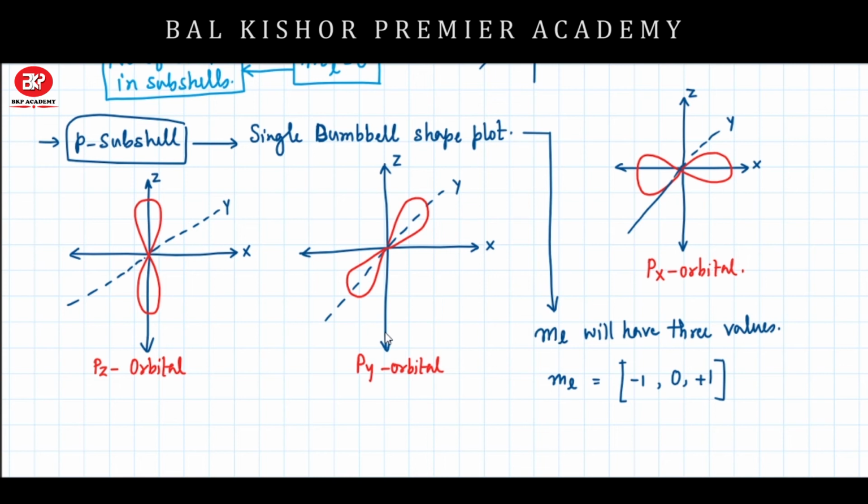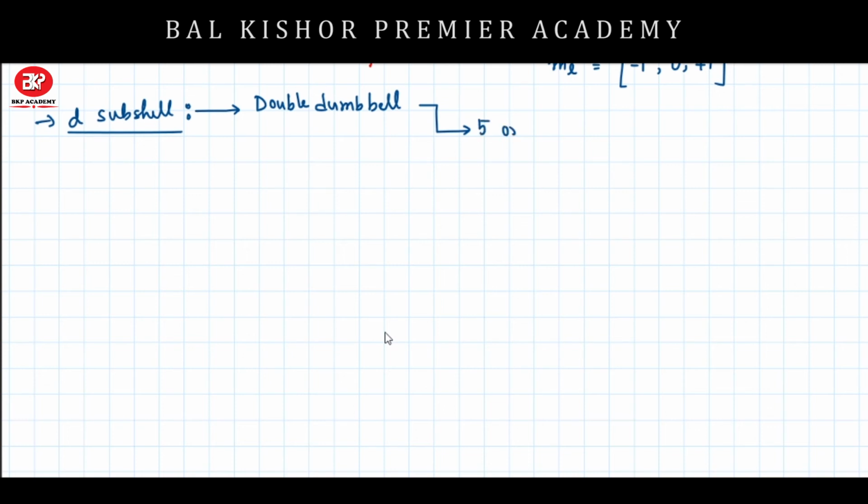Similarly, for the d subshell, the boundary surface plot looks like a double dumbbell plot, and this double dumbbell plot can have five orientations. I'm not drawing them here.